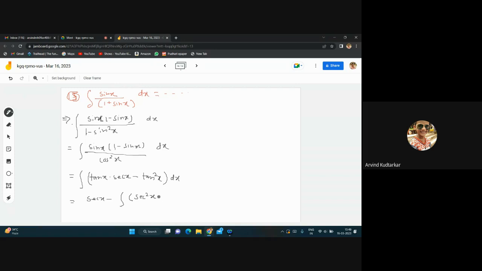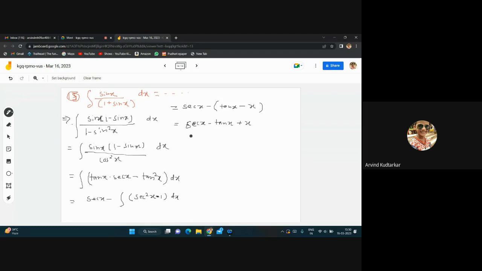So the integration of sec square x is tan x, minus the integration of 1 with respect to x, which is x. So that is equal to sec x minus tan x, and minus minus plus x is there. Plus x.